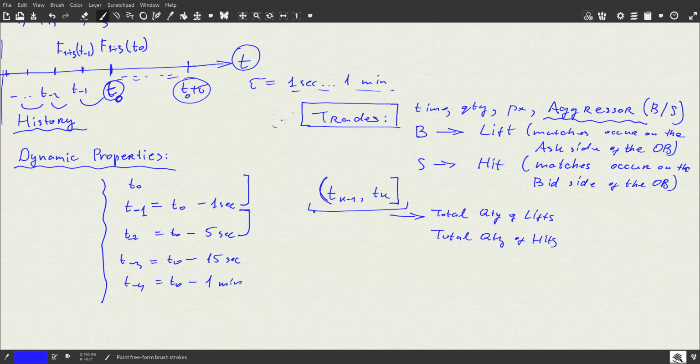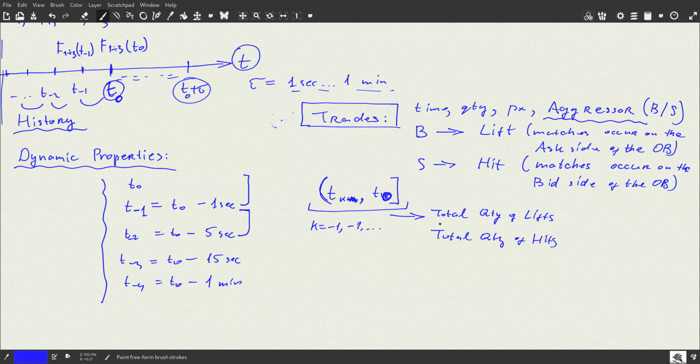Alternatively, it doesn't really matter that much. You can do it not between tk-1 and tk, but between each tk and t0. So they would just be, in this case, cumulative, where k is -1, -2, and so on.